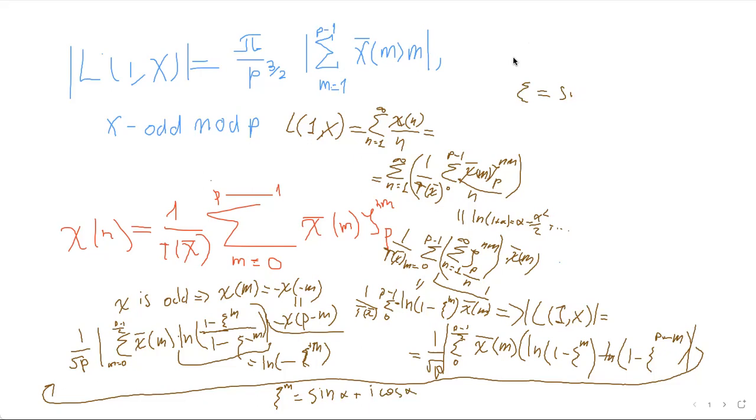Yes, of course, I don't need this trigonometry here. Exponent of 2 pi I divided by p, not by n, because p is our modulus, our root is p.